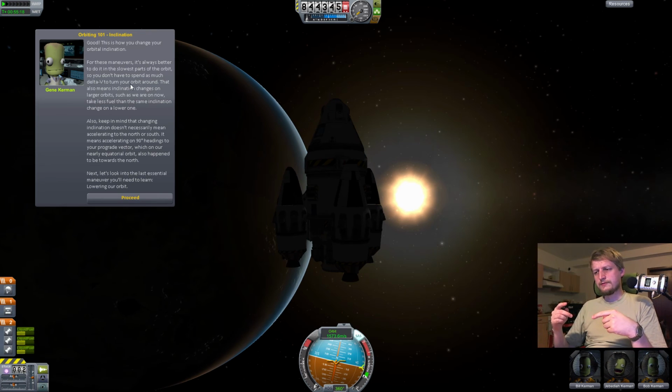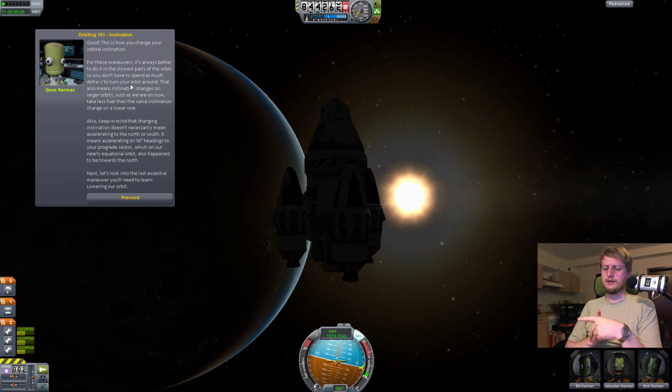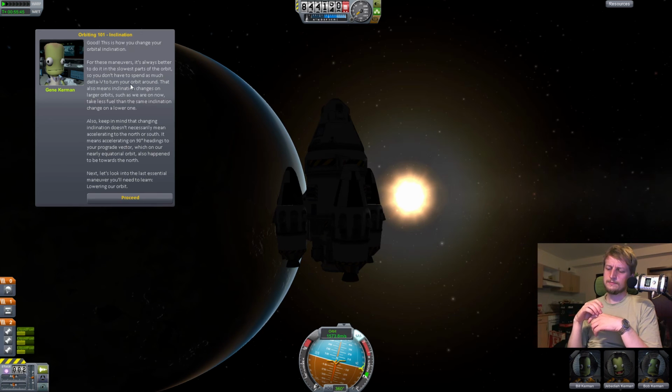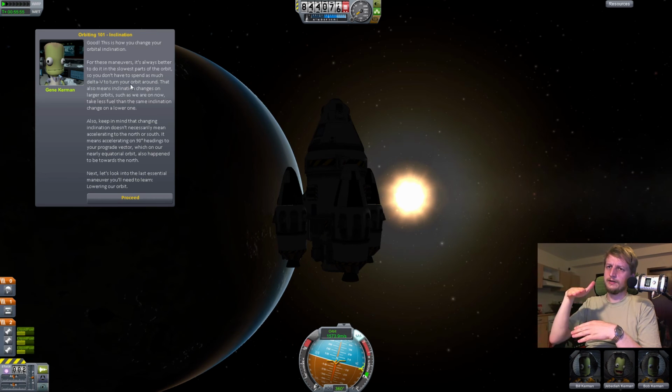Because I'm now thinking, if you change it in the slower parts, the speed on the orbit is small, and you can have more speed at 90 degrees to change the orbit, but then you have a greater distance to fly in order to incline the orbit by 10 degrees.